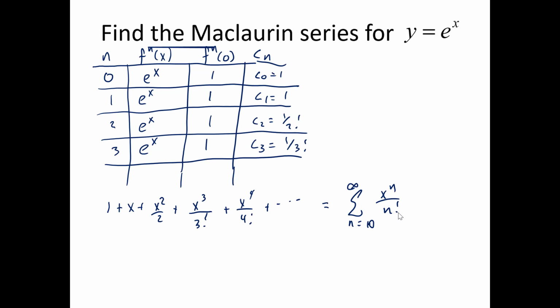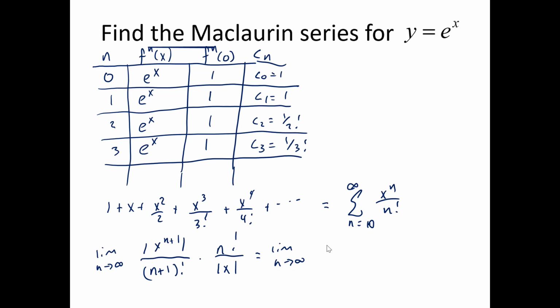Right? So for the interval of convergence, we can take the limit as n goes off to infinity of the absolute value of x to the n plus 1 divided by n plus 1 factorial, multiplied by n factorial over the absolute value of x to the n.